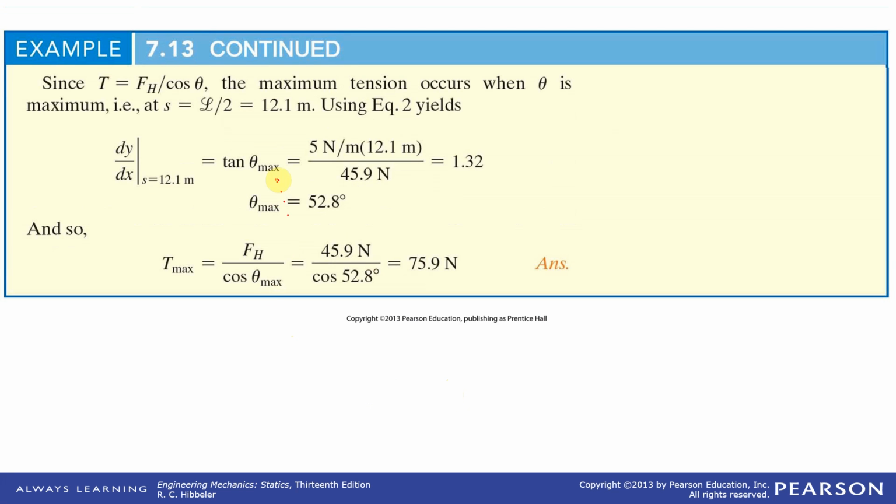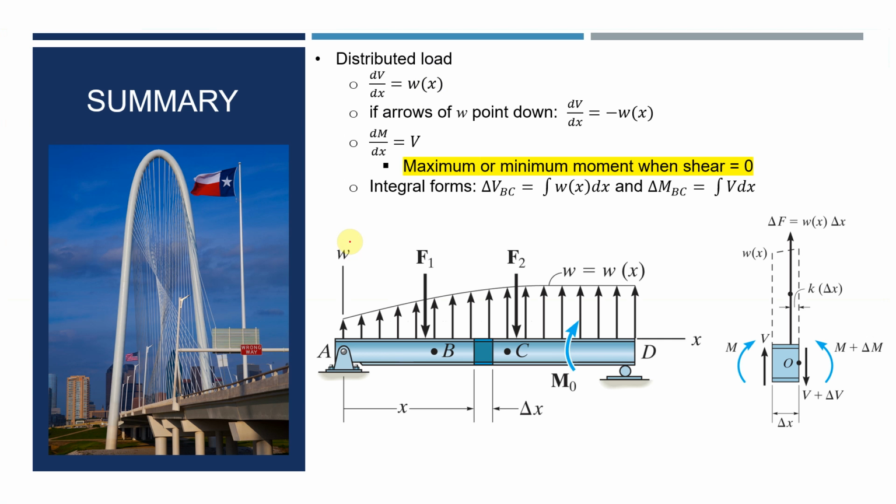And now we want to find, similar to cables under constant loading with the function of x, we want theta to be maximum, which happens at either end. And you just calculate the tangent of theta and you find theta, and then you can find T max.